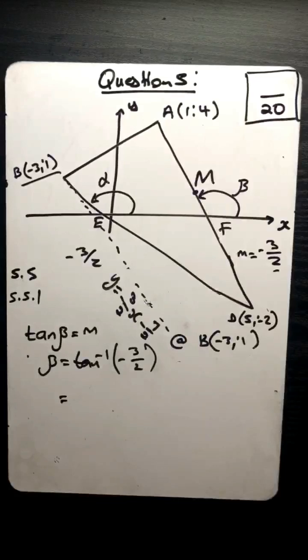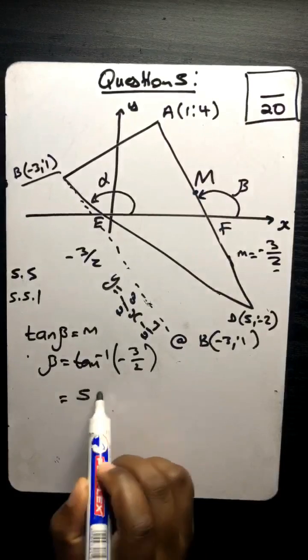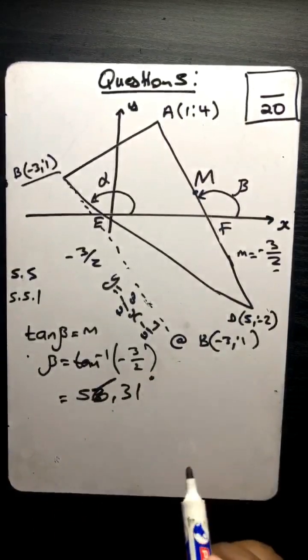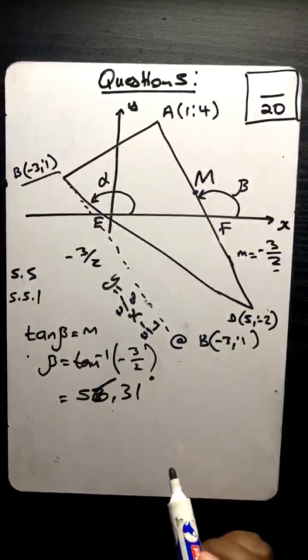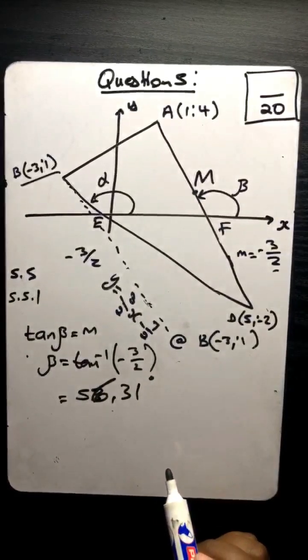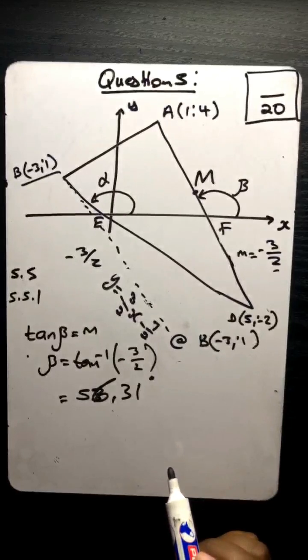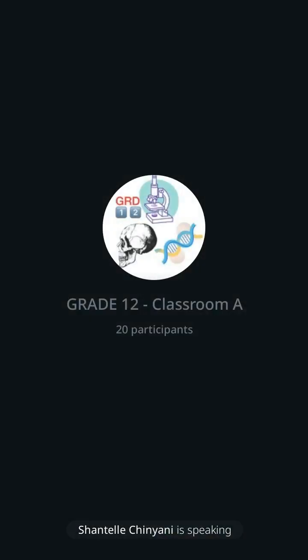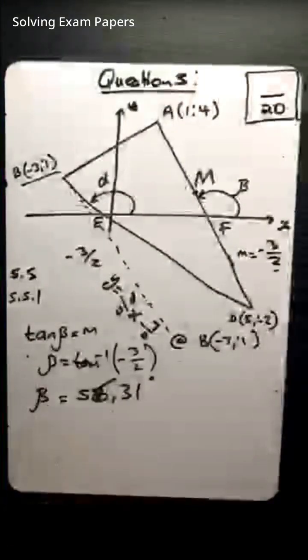Isn't it 56,31? 56,31 there. Is it everyone who got that answer? Yes, sir. Is this answer correct? Yes. So this is our angle beta, ne?